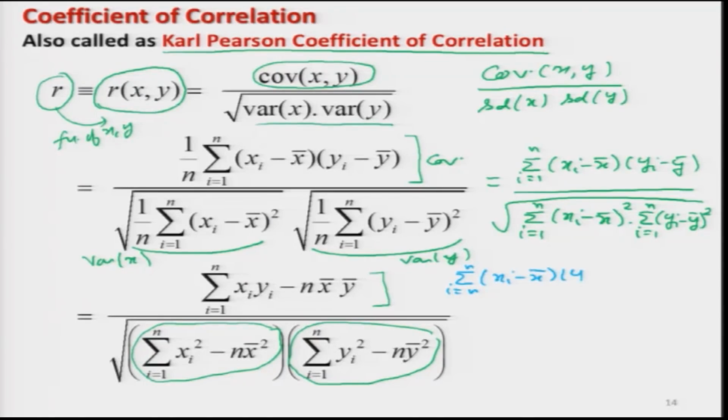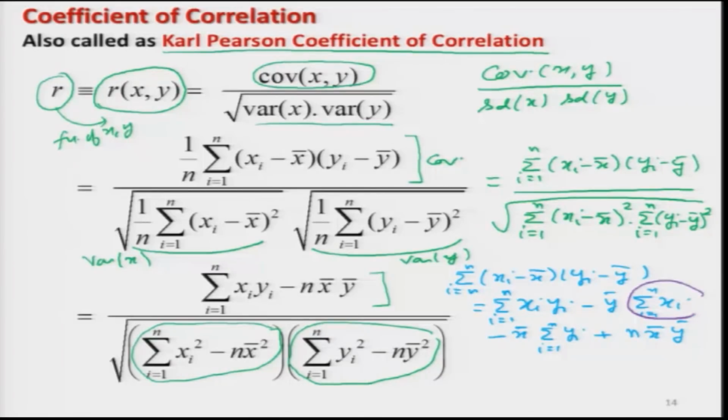Similarly, let us see how the expression involved in the definition of covariance, summation of xi minus x bar and yi minus y bar, can be simplified. This can be written as summation i goes from 1 to n of xi yi, minus y bar summation xi, i goes from 1 to n, minus x bar summation yi, i goes from 1 to n, plus n times x bar y bar. Now, what is this quantity? This quantity is nothing but n times x bar, and this quantity here is n times y bar.